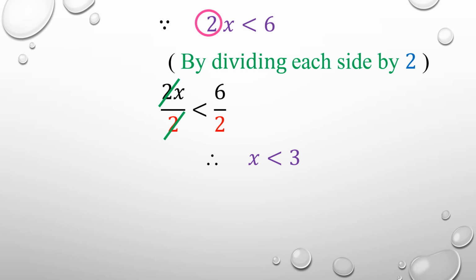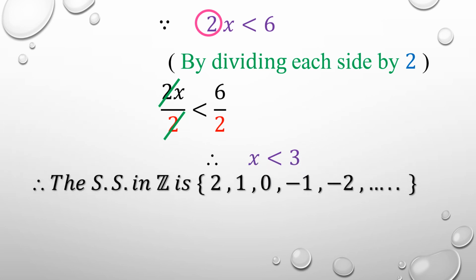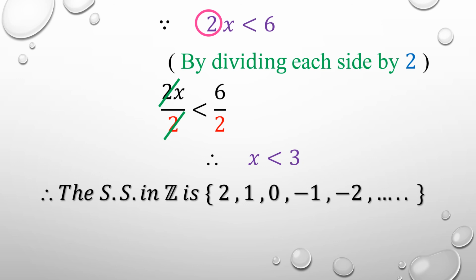So the solution set is as follows. I want the solution set in N and in Z. At first in Z, the integers, the solution is all the integers which are less than 3. So the solution set in Z is 2, 1, 0, negative 1, negative 2, and so on.